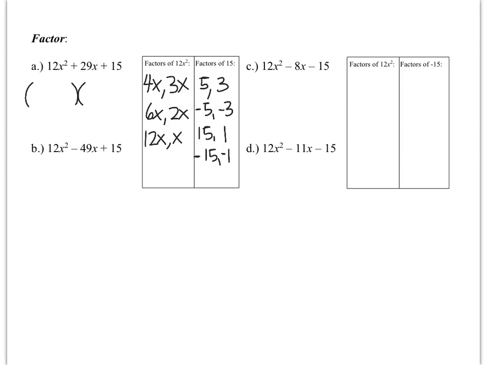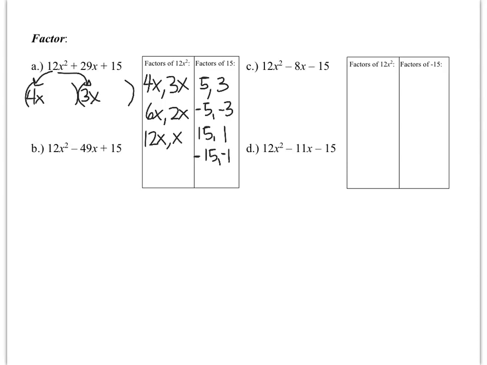Now all of this is going to be trial and error, and it might start to get kind of frustrating, okay? So what we're going to do first is put down our first terms, right? We are trying to get 12x squared. So whatever I put here and whatever I put here has to multiply to give me 12x squared. So I'm just going to start by trying 4x and 3x.